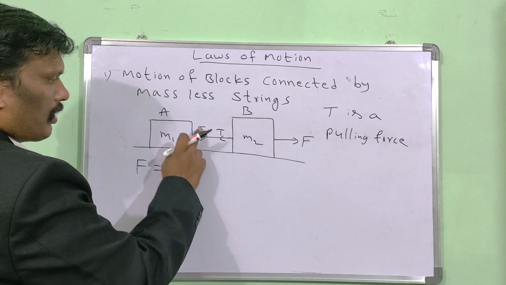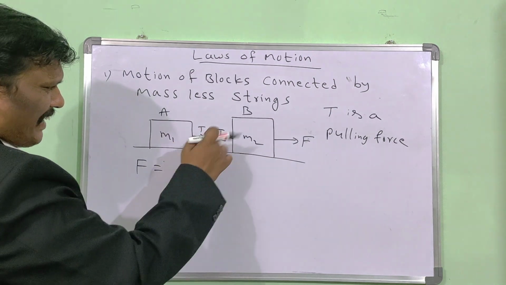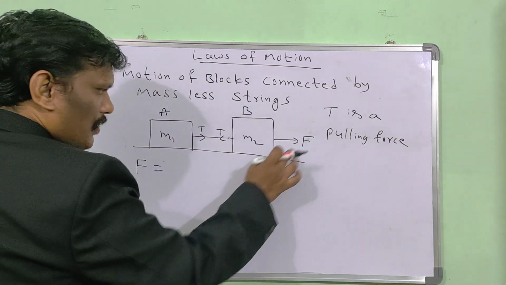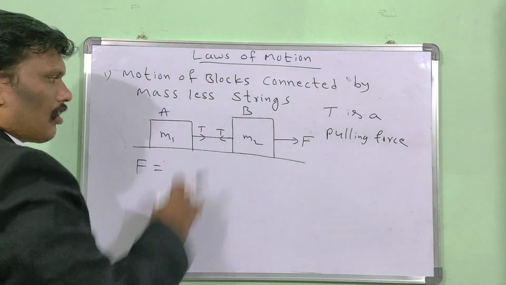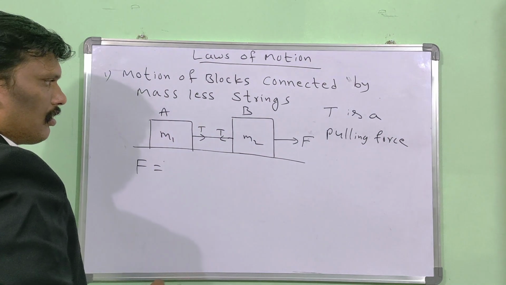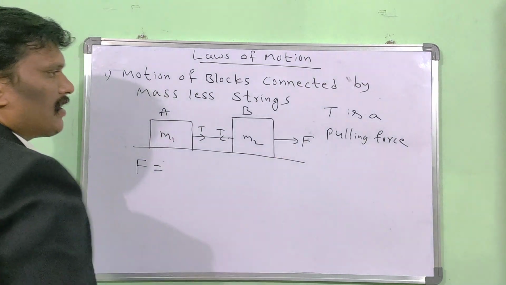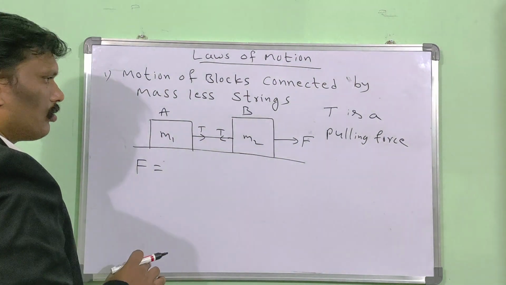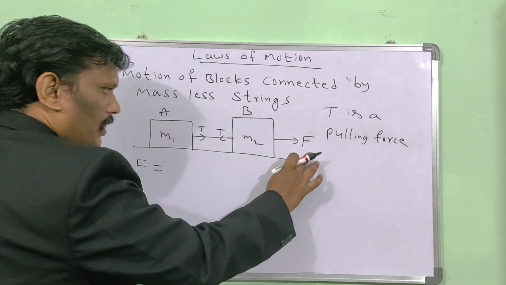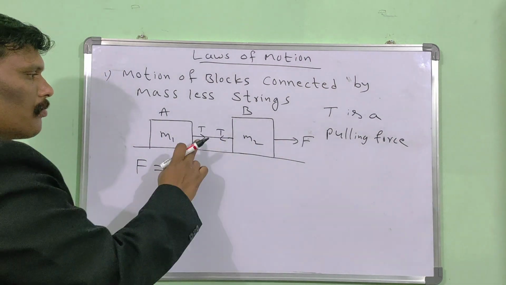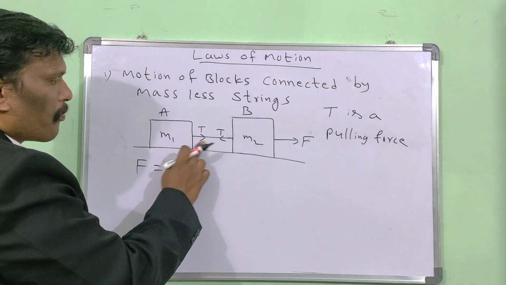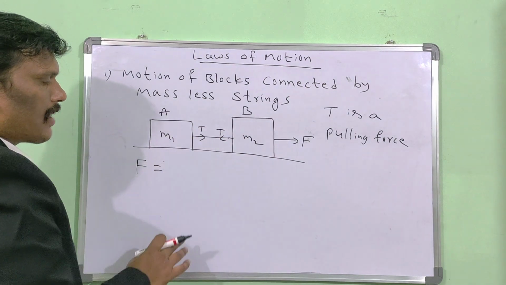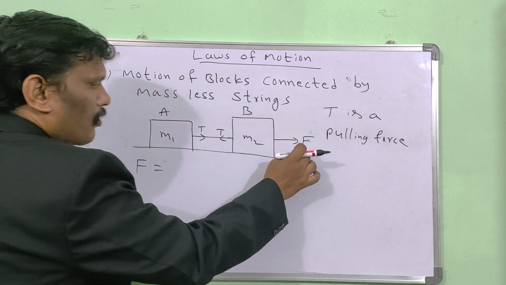These two tensions are equal and opposite, so they cancel each other. Only this force F is acting on the system. Even though tensions are acting, both are equal and opposite, so the net force is F only.